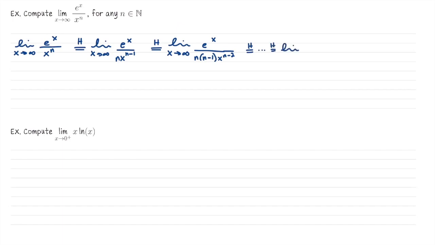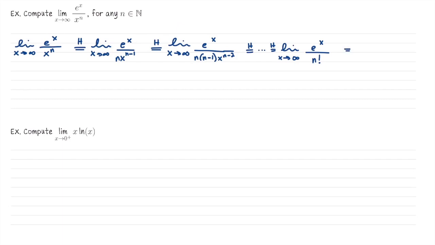we would be left with something that looked like the limit as x goes to infinity of e to the x divided by, well, if I kept taking derivatives until my x power disappeared, we would be left with n factorial. N factorial is just a number. E to the x goes to infinity.